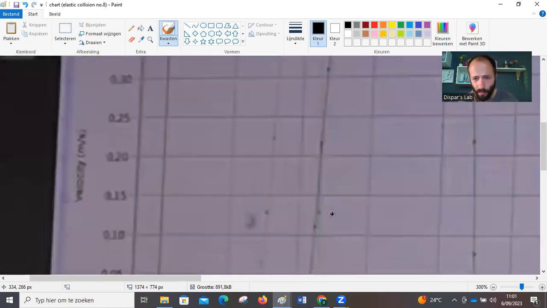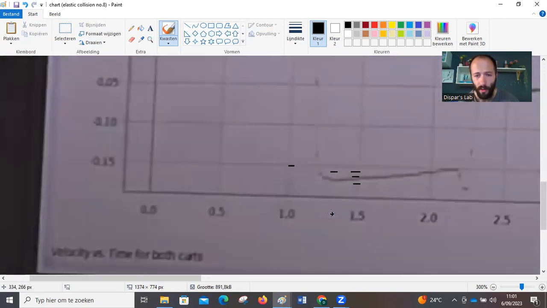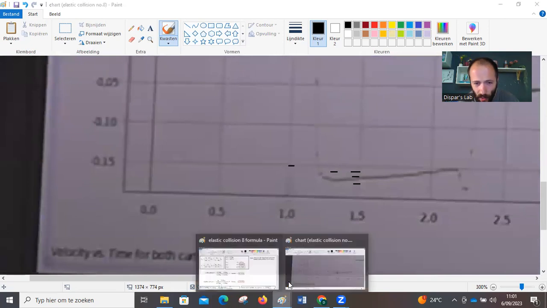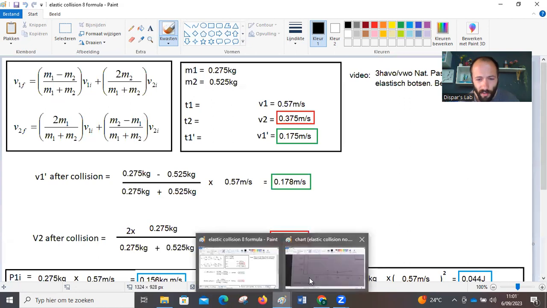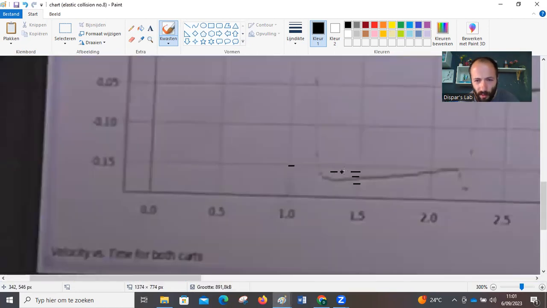And then the recoil, when it reflects back, its velocity is way down here. So this is minus 0.15. And it looks to me like, so 0.15, 0.16, 0.17, and it's in between 0.17 and 0.18.